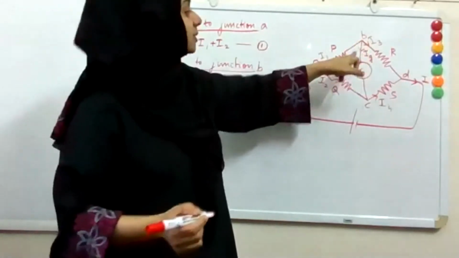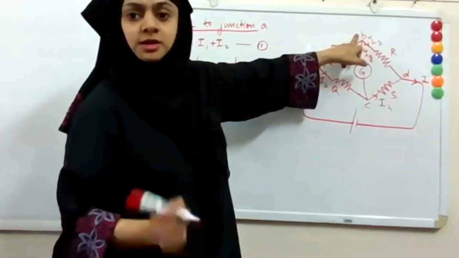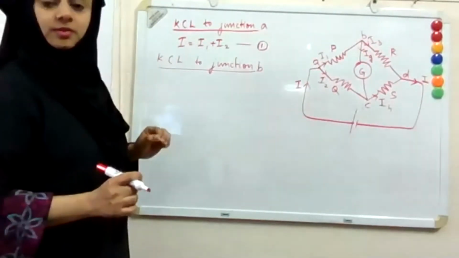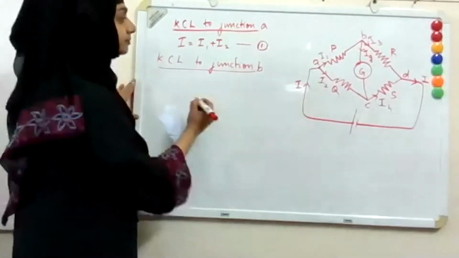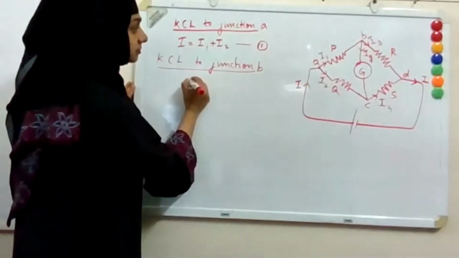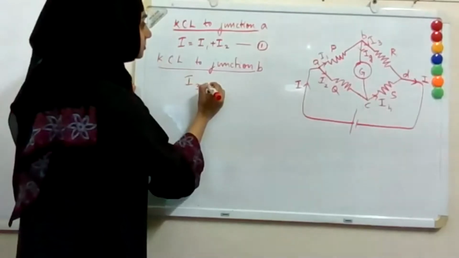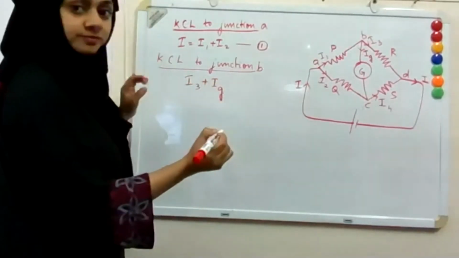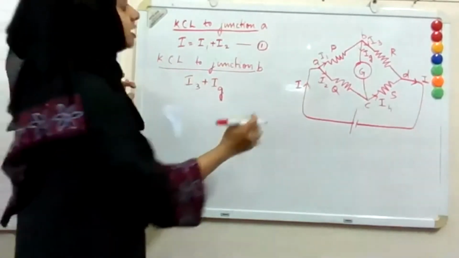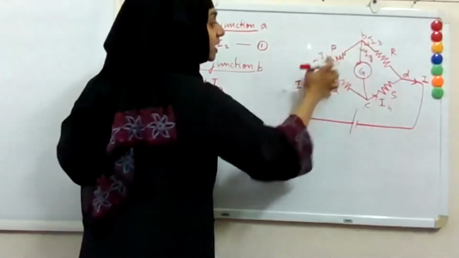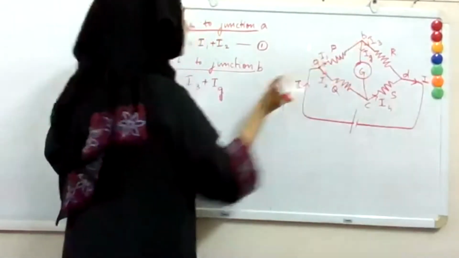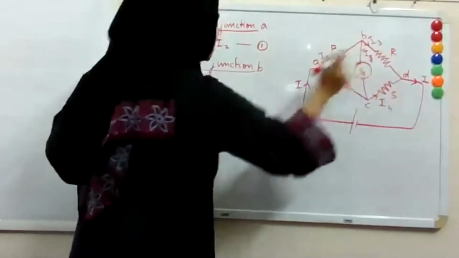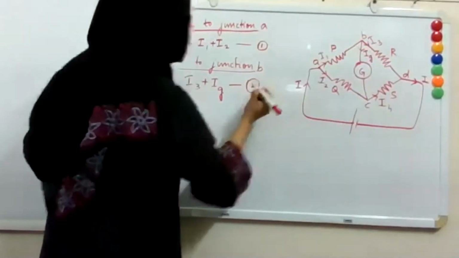So I3 plus IG equals I1, because I1 is entering the junction. So I can write I1 is equal to I3 plus IG. Let this be equation 2.